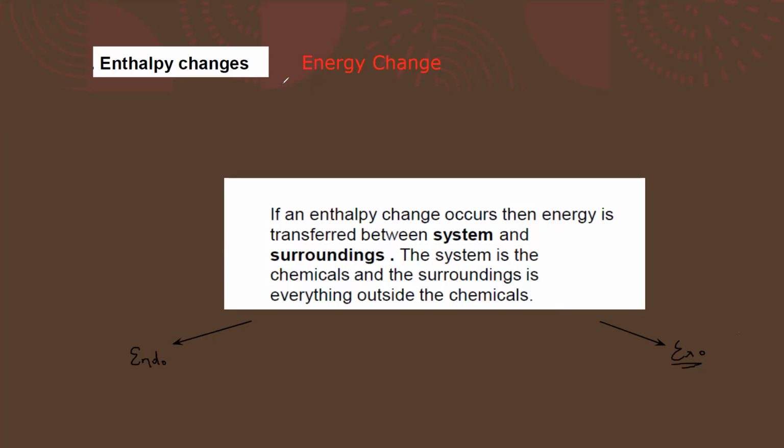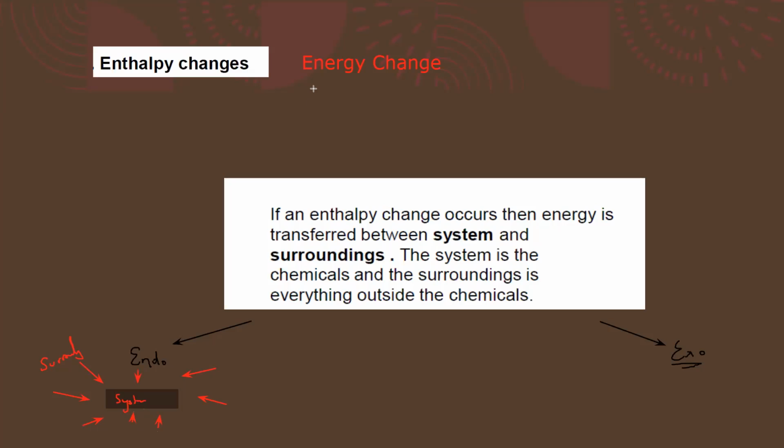If we have a system like this, the gray shade is representing a system, and anything other than the system is a surrounding. So what happened in endothermic reactions? The energy transfers from surrounding to the system. So system energy increases and the surrounding energy decreases.